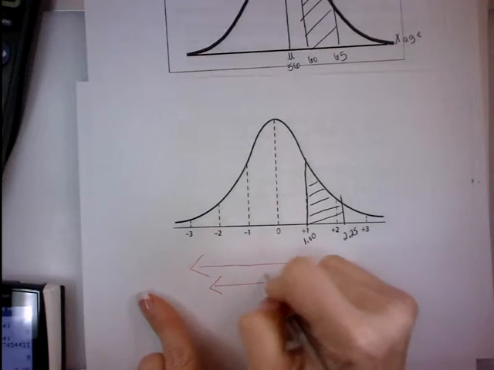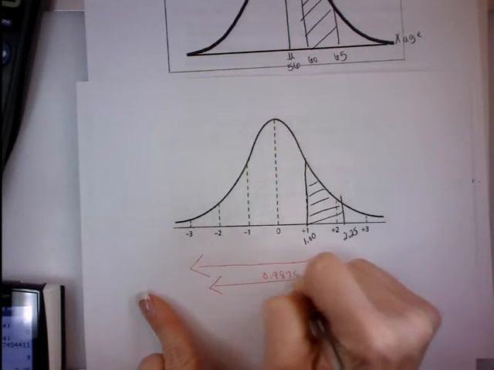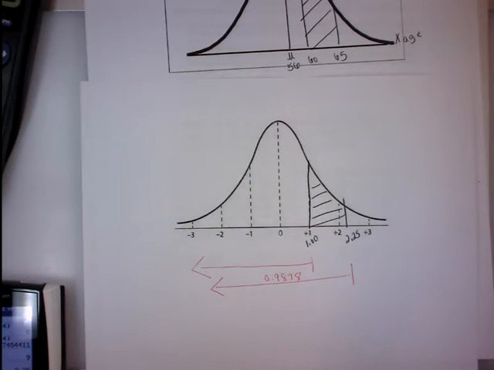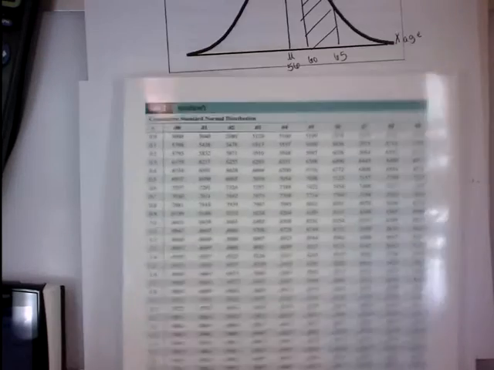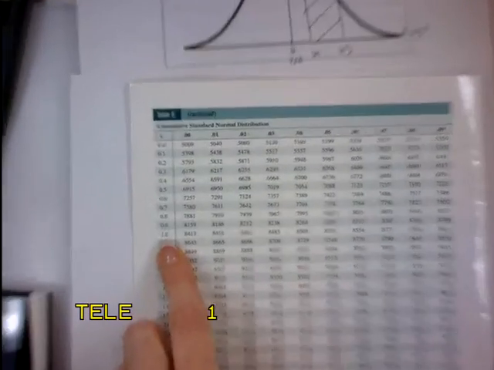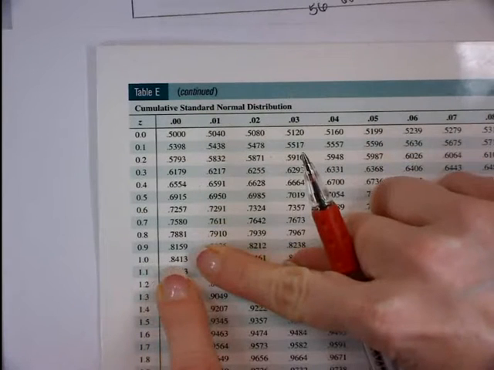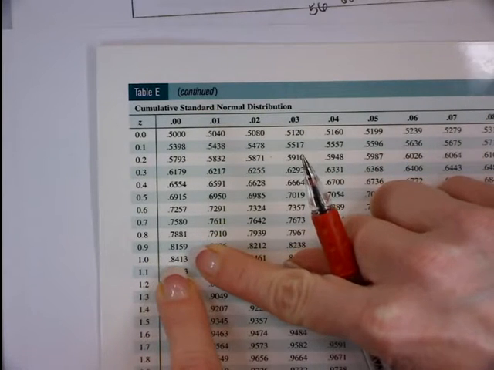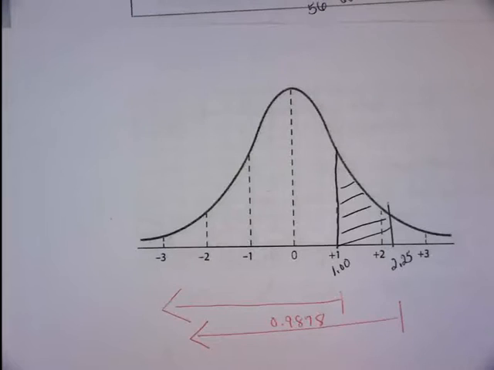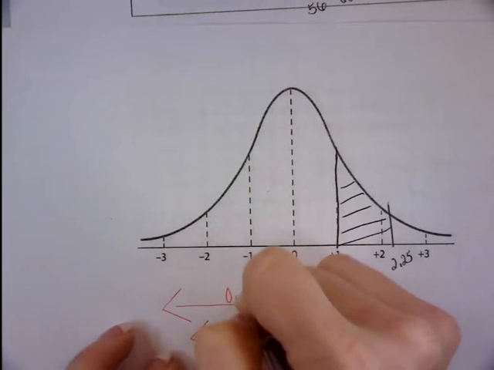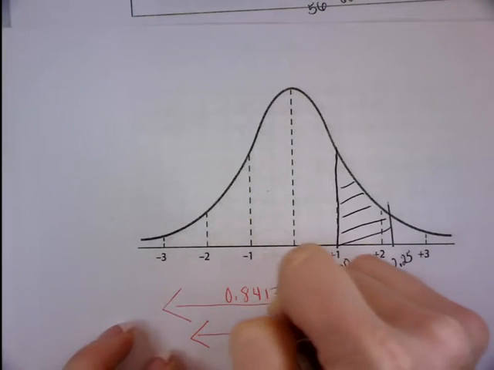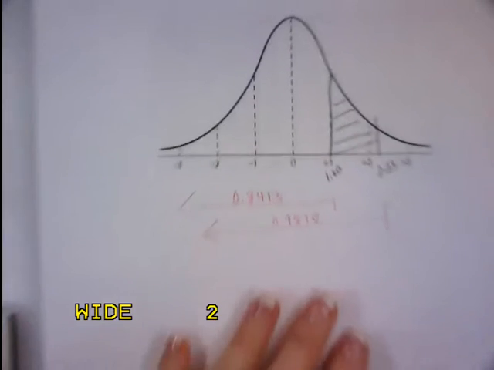So that's this. And then look up a z-score of 1.00. That is 0.8413. And then subtract.